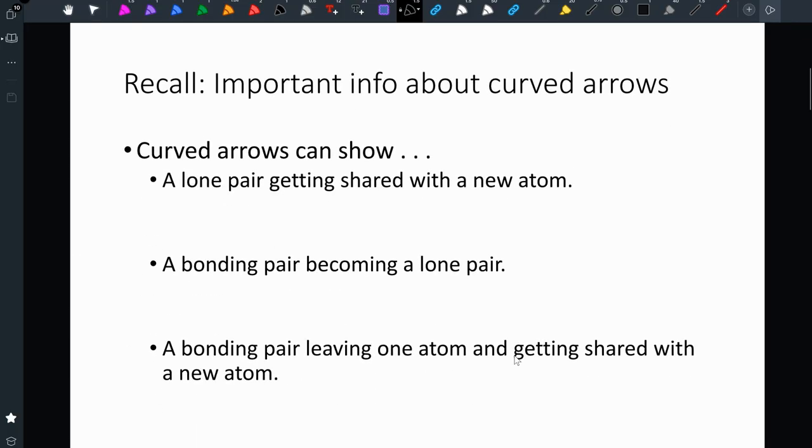Remember from the first lecture, we have three different moves we can make with curved arrows. Number one, we can show a lone pair getting shared with a new atom, in other words, form a new bond. We can show a bonding pair becoming a lone pair, in other words, break a bond.